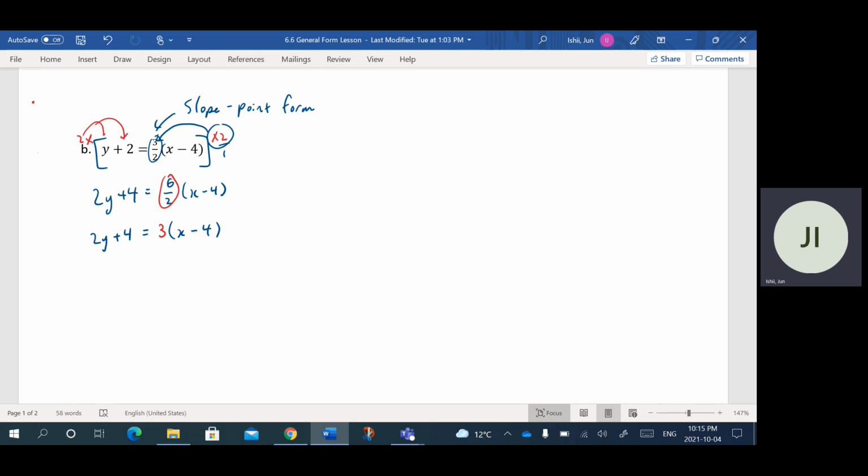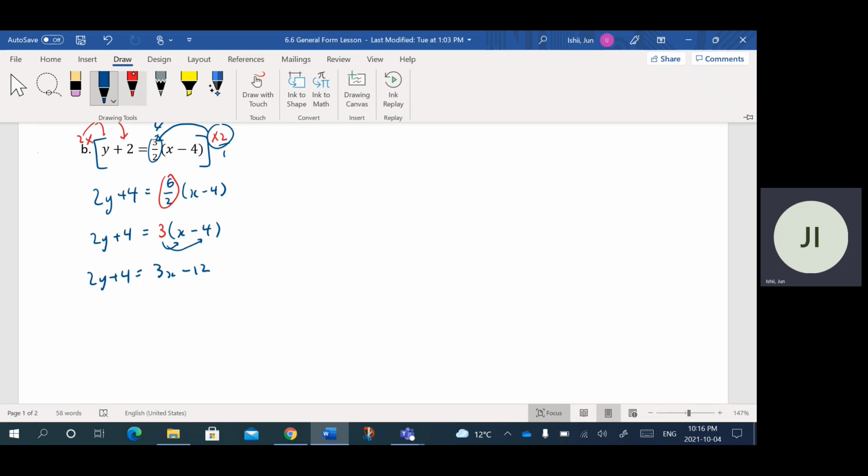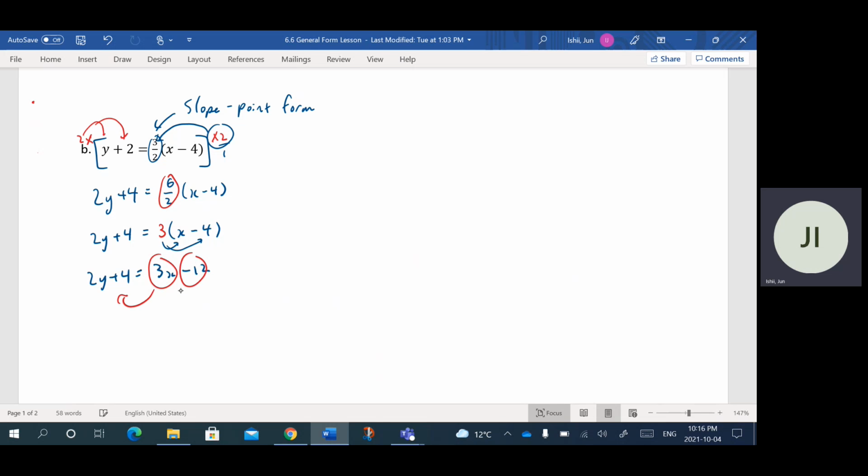Now to get this to look like it's in general form, I need to get rid of the brackets. So that's what I'm going to do next. Multiply 3 in. 2y plus 4 equals 3x minus 12. And now let's move everything. We're going to move both these terms to the left side. So the 3x and the negative 12, we're going to move over to the left side.